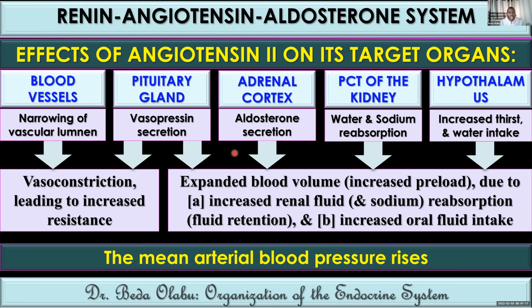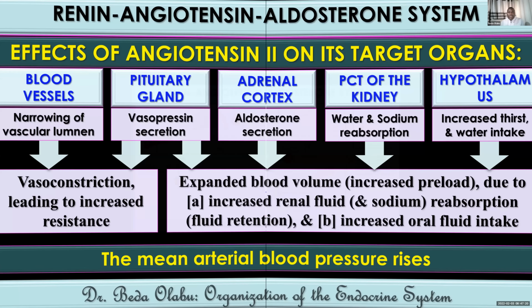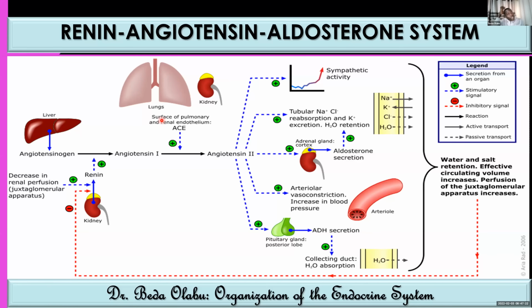This image captures for you in summary what we said about the renin angiotensin aldosterone system. The liver produces angiotensinogen, which becomes converted to angiotensin I in the presence of the enzyme renin. Angiotensin I becomes converted to angiotensin II in the presence of ACE, angiotensin converting enzyme.